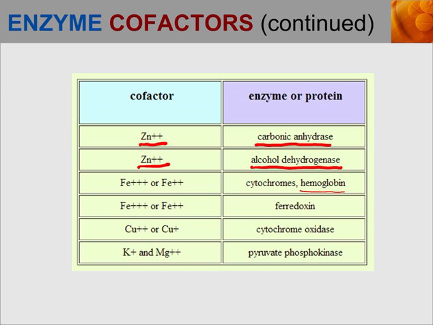A lot of the time a cofactor is just a metal ion, but sometimes it might be a more complex molecule that's needed for the enzyme to work. Often those more complex molecules are derived from vitamins, and that's why vitamins are really important for us, because if we want our bodies to function properly, sometimes we need those vitamins so our enzymes can work.